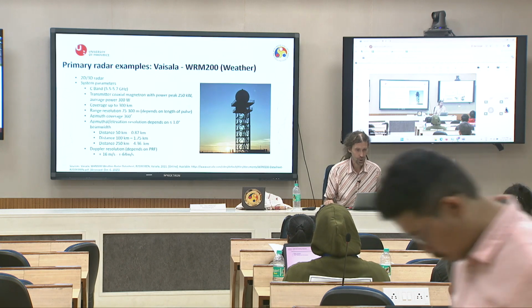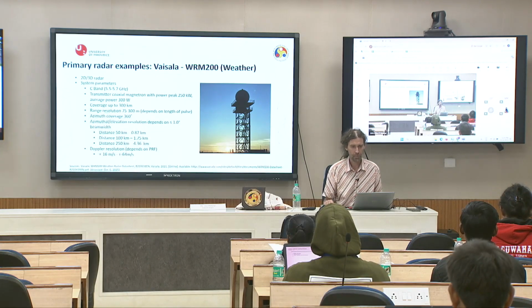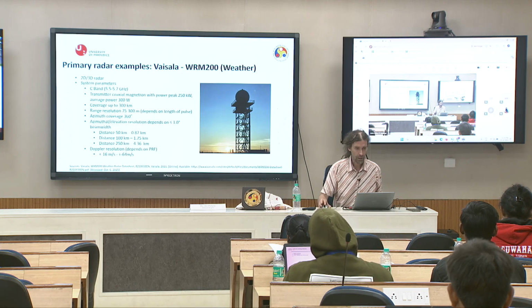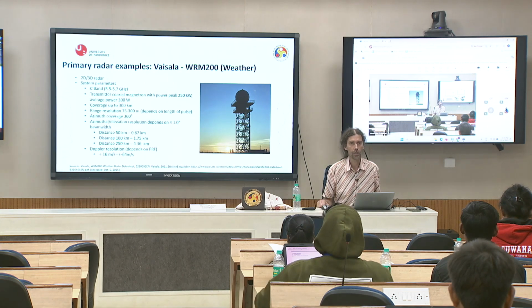And Doppler resolution depends on PRF, pulse repetition frequency, you will see later, it is plus minus 16 up to plus minus 64 meters per second. Why do we need Doppler resolution in this range?